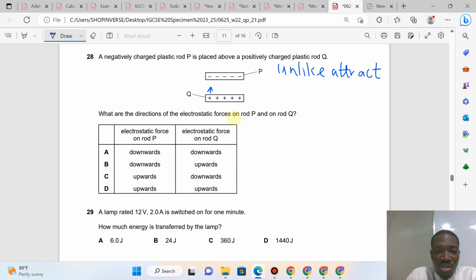That means the force on Q will be upward, driving it towards rod P. Also, the force on P will be downwards, driving it towards rod Q. That shows that option B is the correct option: the force on P will be downwards, the force on Q will be upwards.